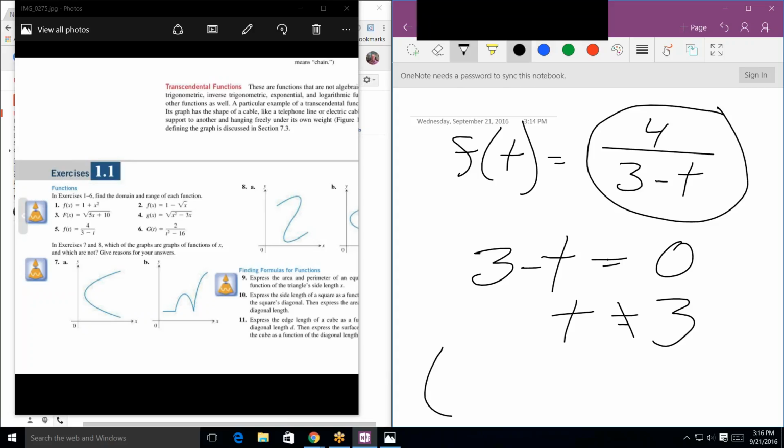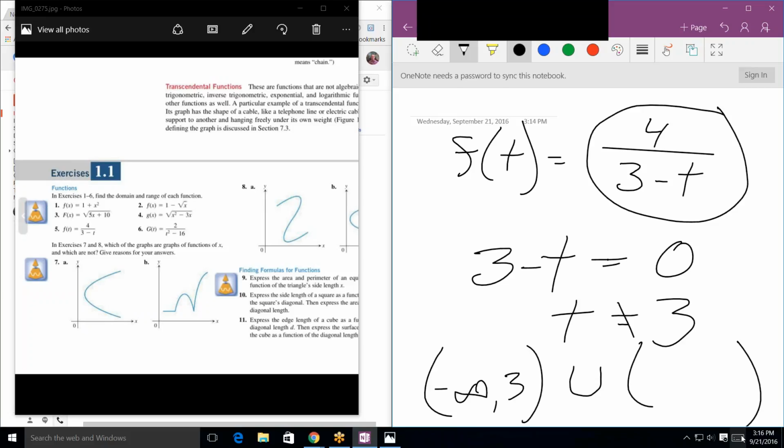And what's the interval notation for that? Would it be negative infinity to 2? Or since it can't be 3? No. To 3, and the parentheses designates that it can't be 3.